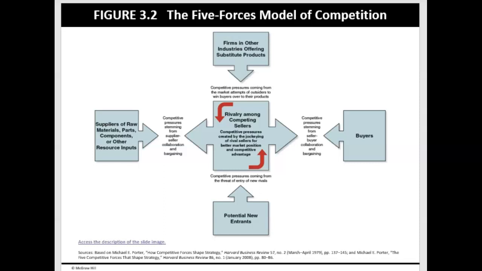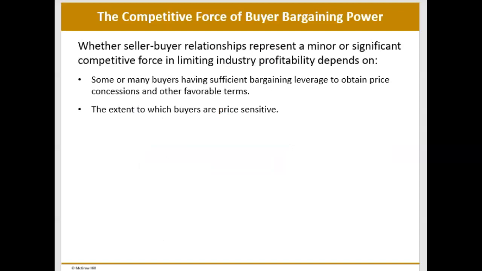So what about competition from companies that produce substitute products? What about supplier bargaining and even the customer? What's the customer's power to bargain in this process? So the competitive force of buyer bargaining power can be effective. Whether buyers are able to exert strong competitive pressure on the industry depends on a number of things, right?